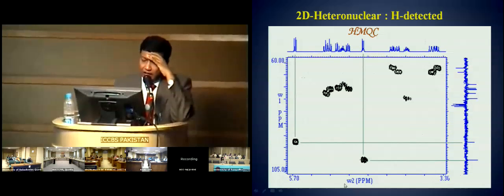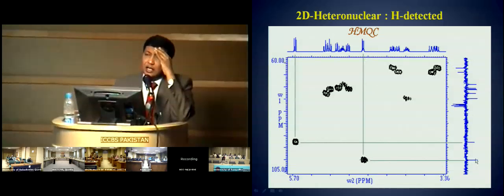On one hand, you have a proton chemical shift, and on the other side, you have a carbon chemical shift. You just make the line. This proton is connected to this carbon. A straight vertical line, horizontal line, you get this proton is connected to this carbon.